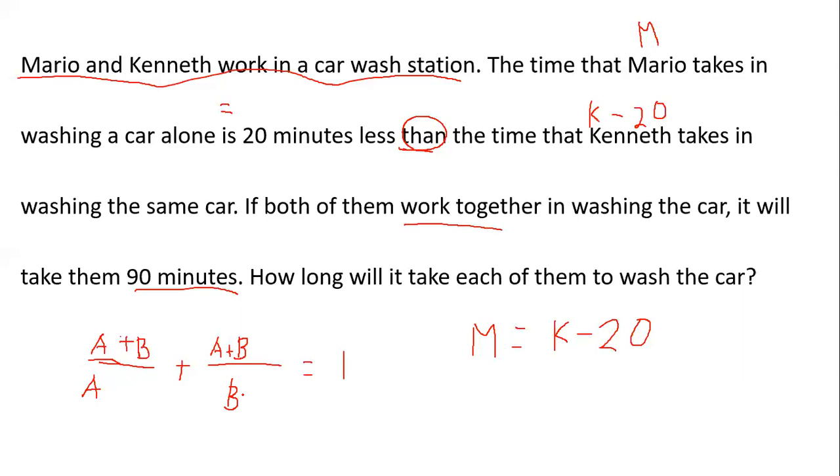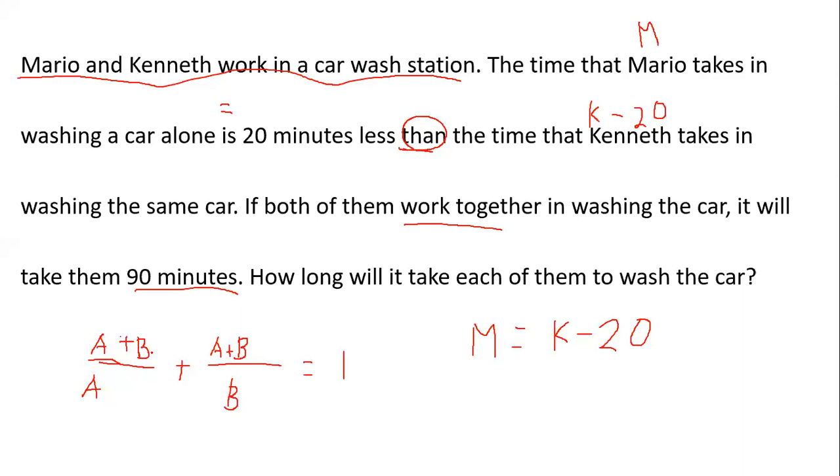So A and B represents Mario and Kenneth, the time of Mario and Kenneth. Kapag A plus B po, ang ibig sabihin niyan, that is the time it will take Mario and Kenneth to do the job together. Ayan. Pag A, yung kay Mario lang yan, or kay Kenneth, tapos yung B, pwedeng kay Kenneth or kay Mario.